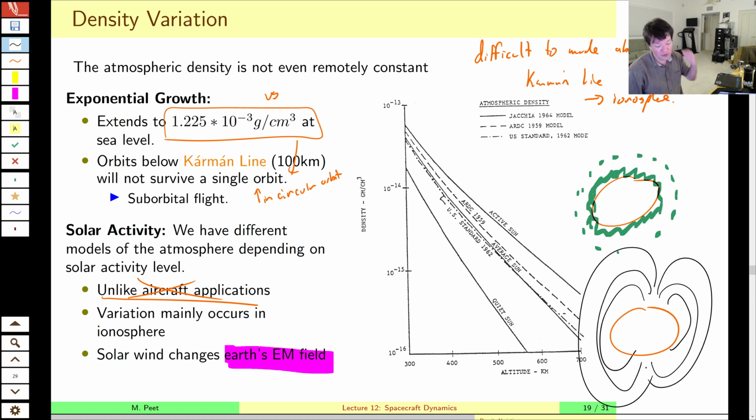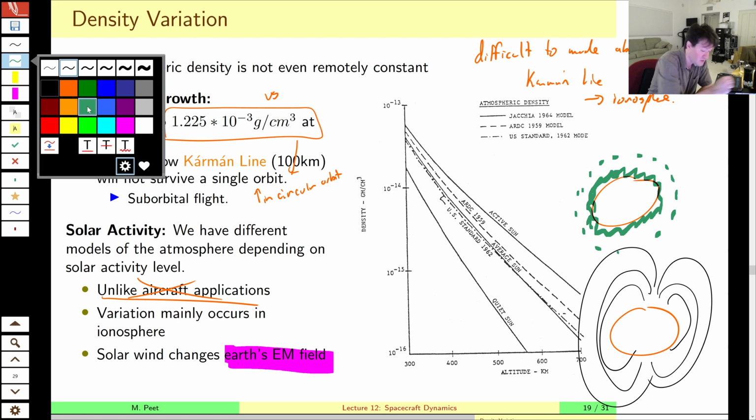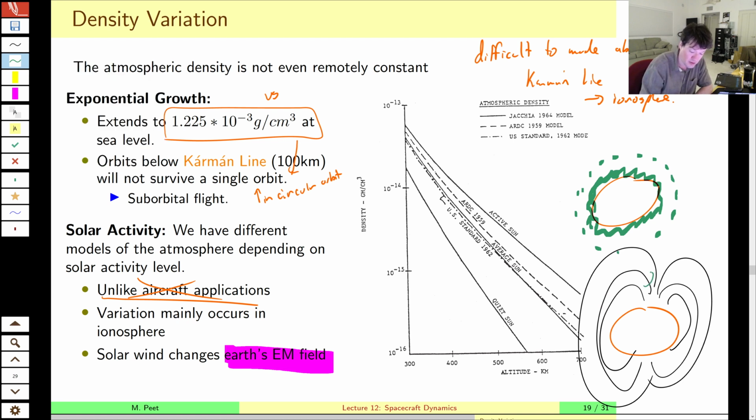And normally, our ionosphere, the atmospheric particles are trapped. They're ionized, so they oscillate about magnetic field lines.